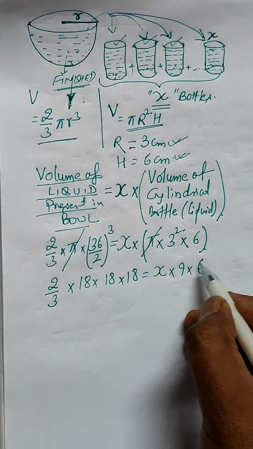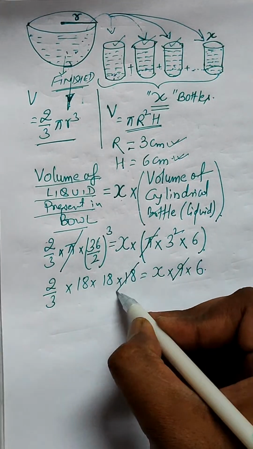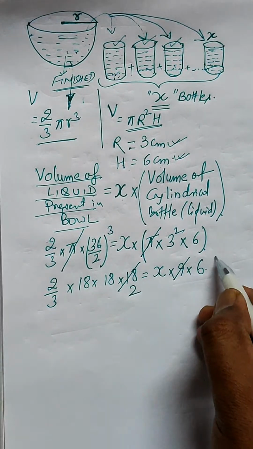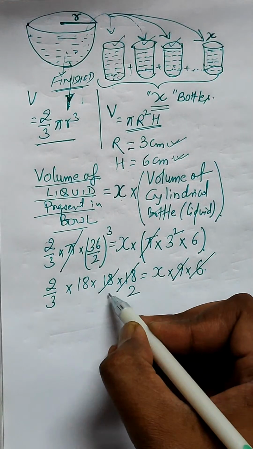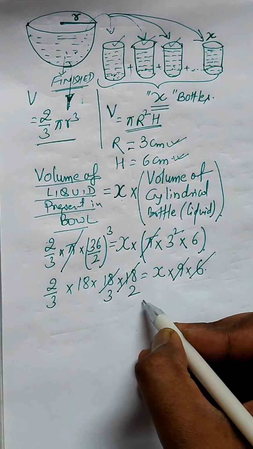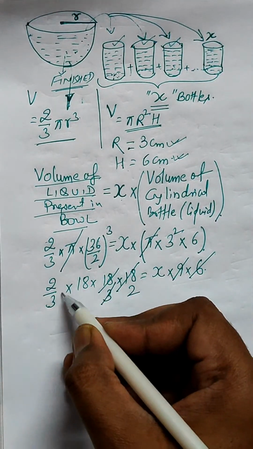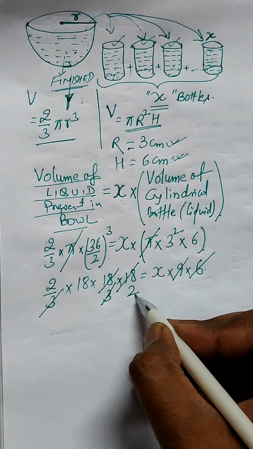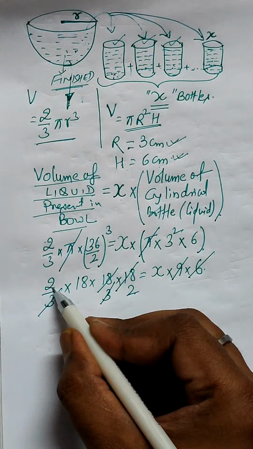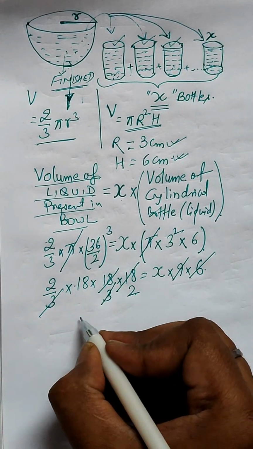Here also, from 9 you can cut 18 in 2 times. From 6 you can cut 18 in 3 times, right? And this 3 in the denominator will cancel out this 3. So this 3 will be cancelled, and this 2 into 2 is 4. 4 into 18 will be the value of x.